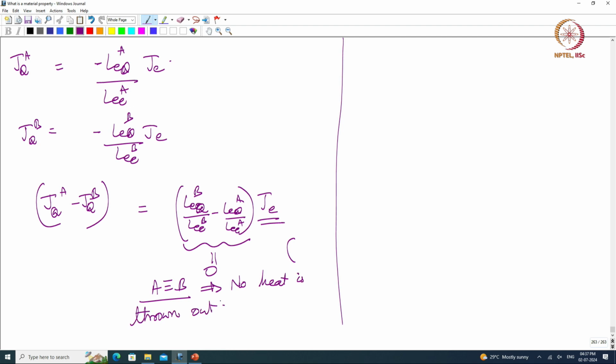right. I need to use two materials where L_EE_A and L_EE_B are different, and then the Seebeck coefficients are also different, right. So, in some sense this actually gives me the Seebeck coefficient.